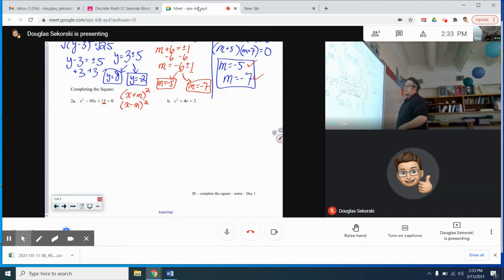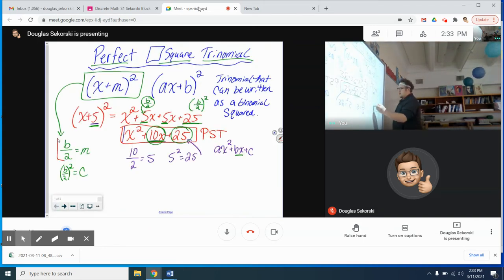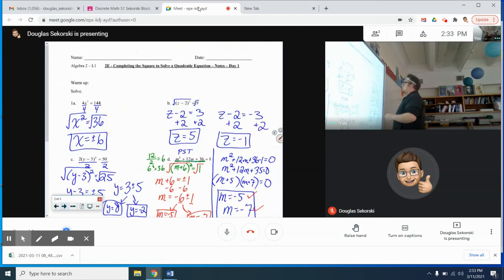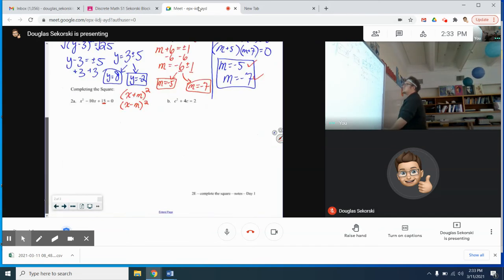Remember we said it's the b term divided by 2. So what we're going to do is take that negative 10, b over 2 equals negative 10 over 2, and that equals negative 5.